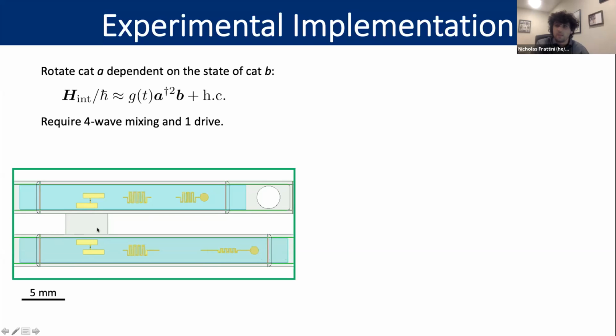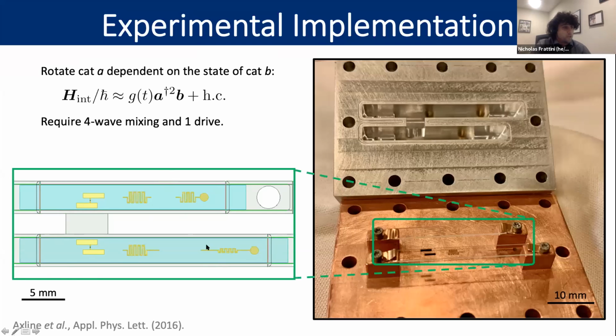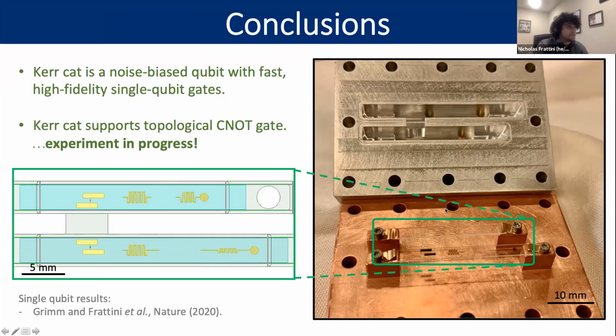Capacitive coupling between them gives us a cross-Kerr interaction. If we drive that, we can generate this term, and we should be able to get all of the things that we desire for the gate. So we have gone ahead and made this and cooled it down, and we have magnetic flux, and we are excited to give you some results, hopefully soon.